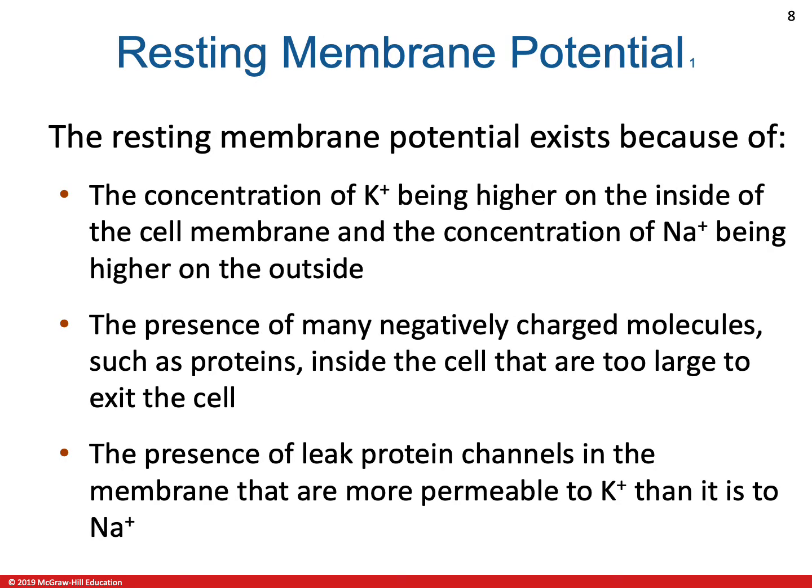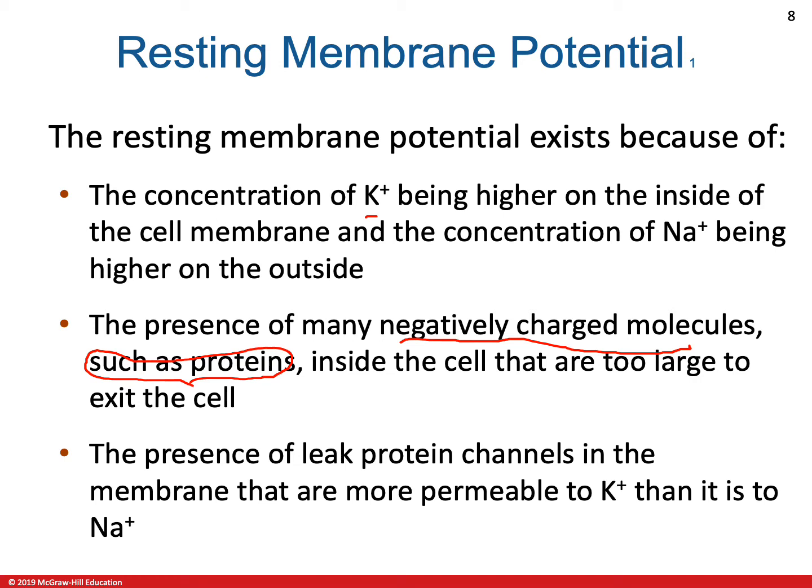So the resting membrane potential exists. Why? Again, the concentration of potassium is higher inside the cell and sodium outside. The presence of many negatively charged molecules, like the proteins inside the cell, attract the potassium, right?